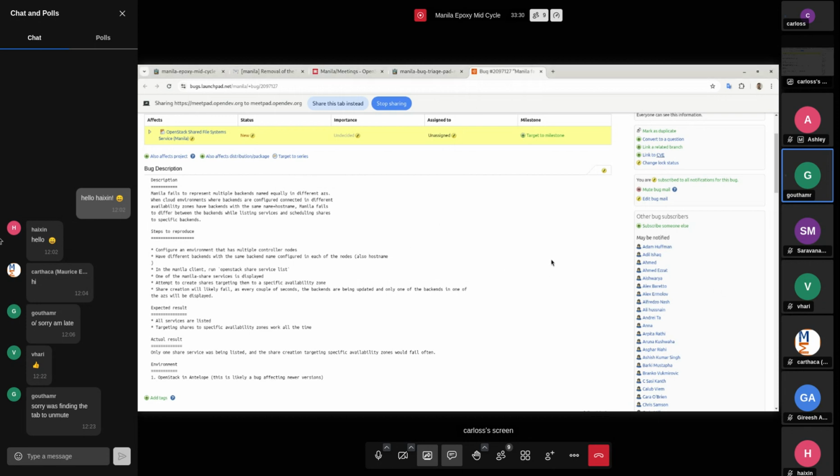there is a desire to maintain the same backend name across multiple hosts, but they are different backends, it may be a simple fix for us to check how the service is getting instantiated. I know where that code is. It's there in the Manila share service.py.